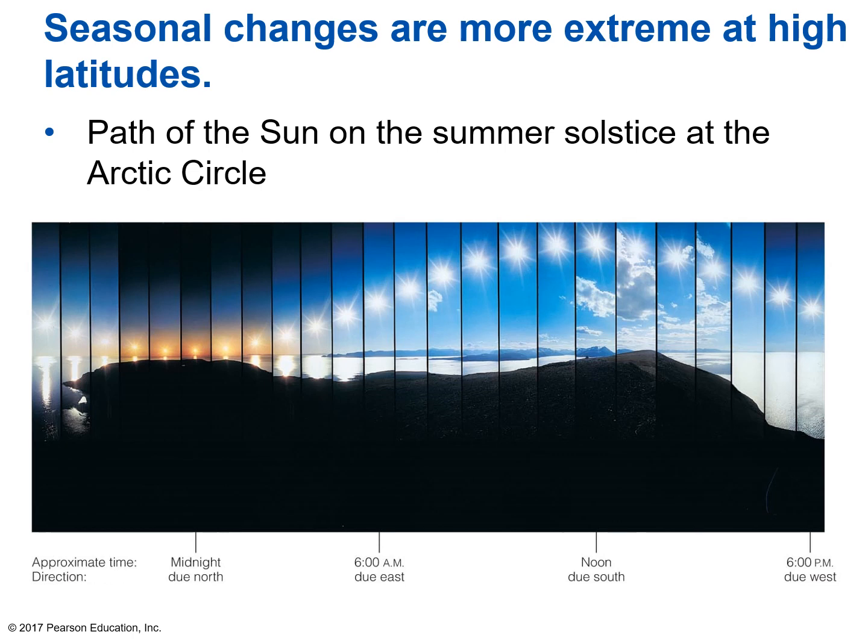It gets very extreme, as I mentioned before when talking about Scotland, if you go up into the Arctic Circle, most extreme at the North Pole, but at the Arctic Circle, it says here, seasonal changes are more extreme at high latitudes. This is on the Arctic Circle, so at a latitude of 66.5 degrees. And notice what the sun does on the summer solstice.